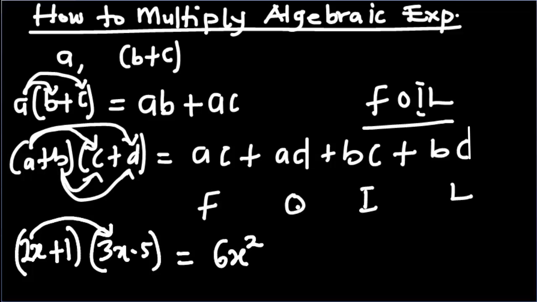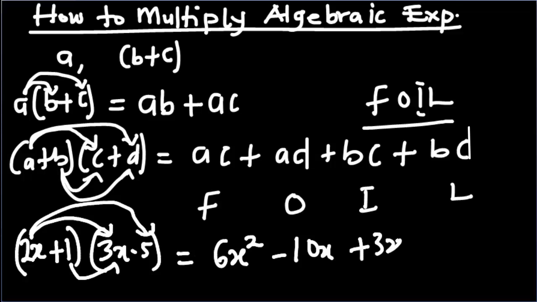The outer terms, that's 2x multiplied by negative 5, which gives us negative 10x. Then the inner terms is 1 multiplied by 3x, which gives us 3x. Then the last terms will multiply, so the 1 will multiply by negative 5, which gives us negative 5.